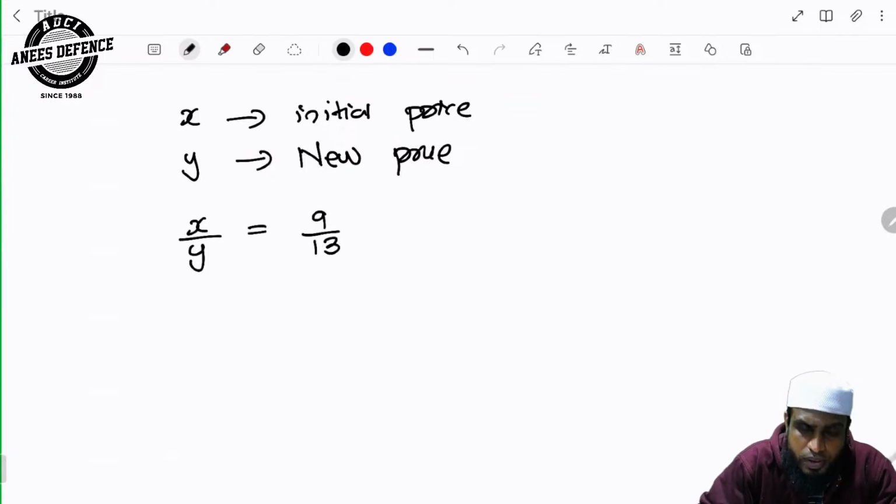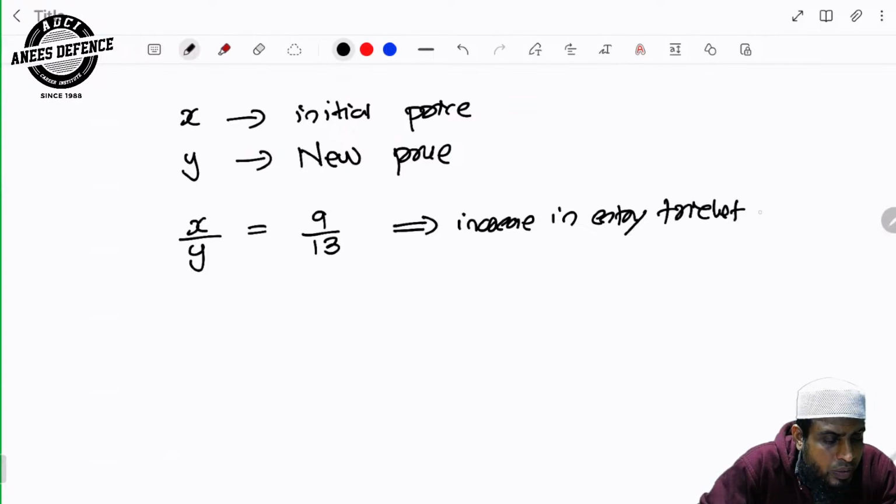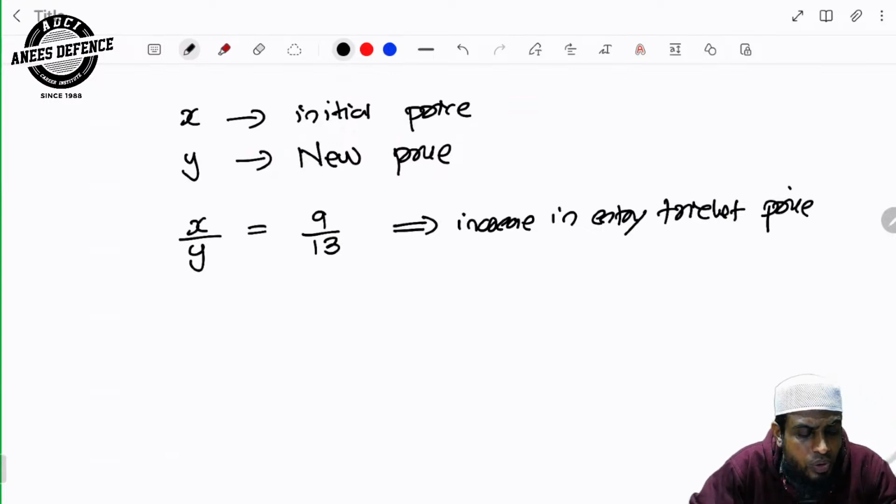So that is the increase in entry ticket price. That ratio, old ticket price and the new ticket price is in the ratio 9:13.